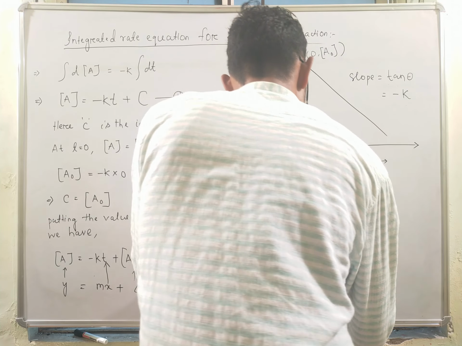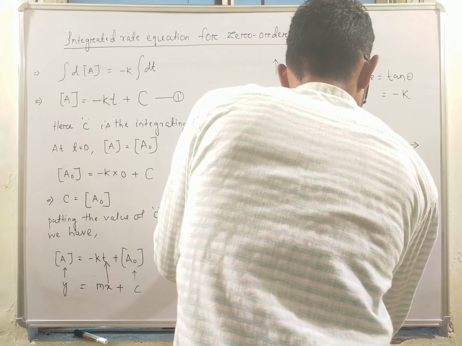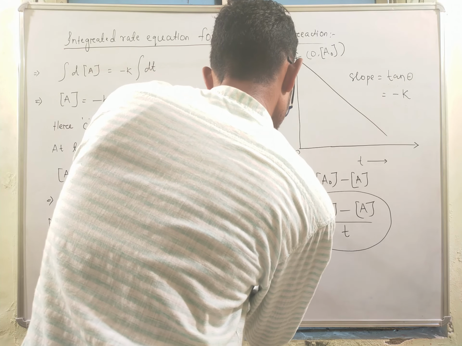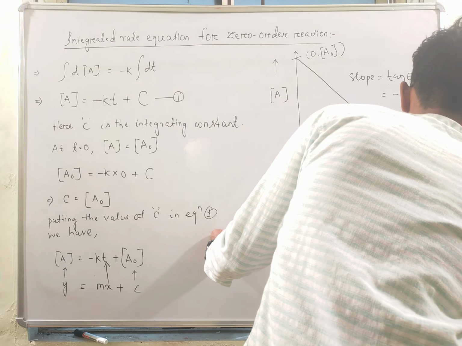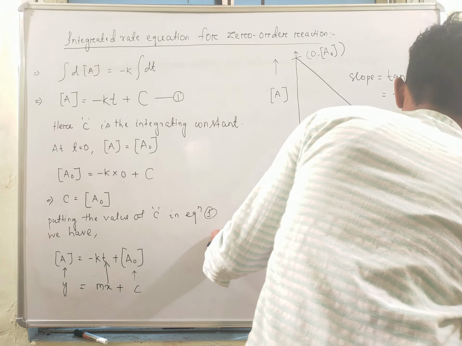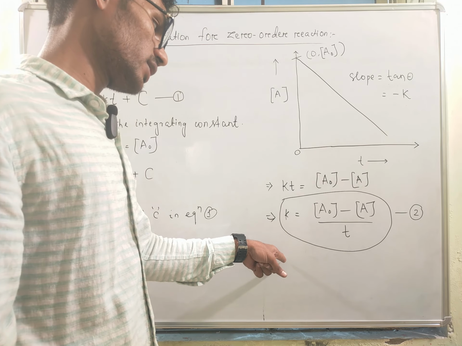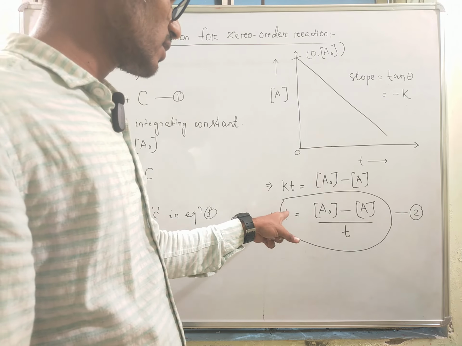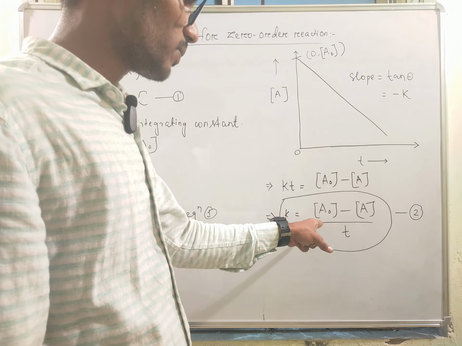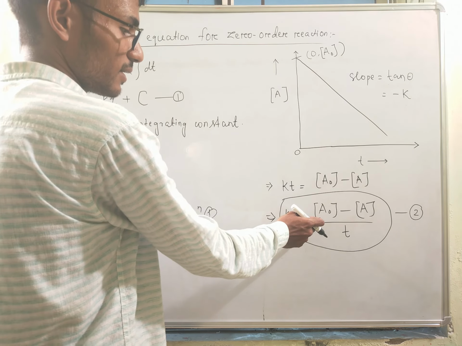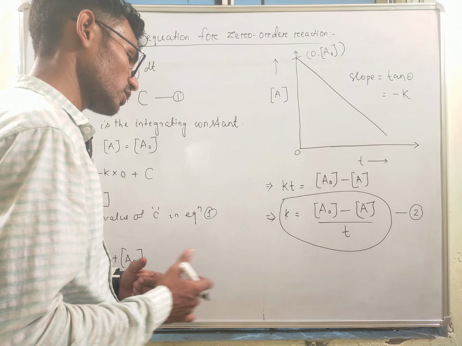Here this equation, this is the equation 2 here. So we can write here the equation 2 represents the integrated rate equation for zero order reaction.